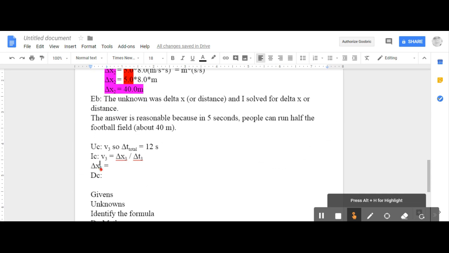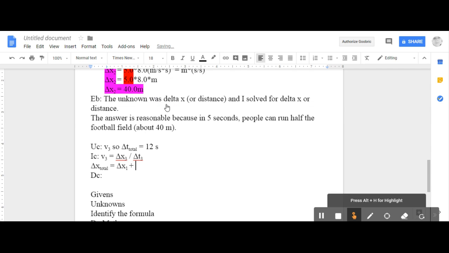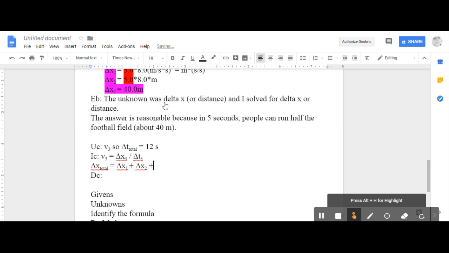I know that the total distance has to be the first distance, right, plus the second distance plus the third distance, okay.